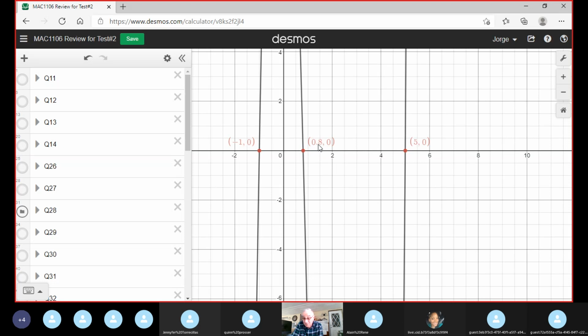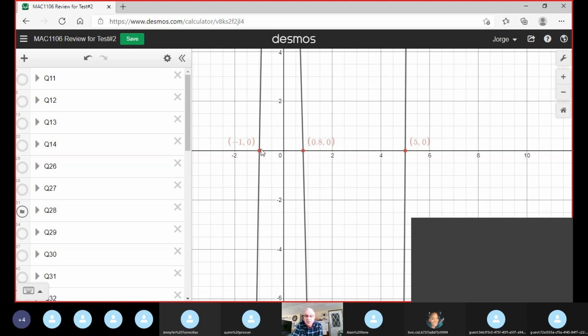I don't like to perform synthetic division using decimals. We can, of course, but no. And negative 1. That is the reason I select positive 5 and negative 1 to perform synthetic division. Do you see decimals or no? Do you understand now the reason I pick 5 and negative 1?